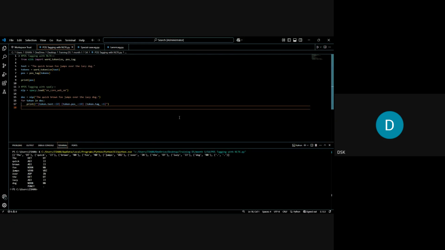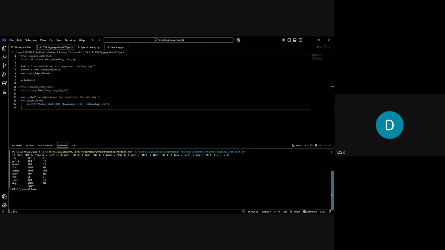In this, POS, that is part of speech, is used with NLTK. The text is: the quick brown fox jumps over the lazy dog. POS basically assigns tags. As you can see, it is getting split as well.